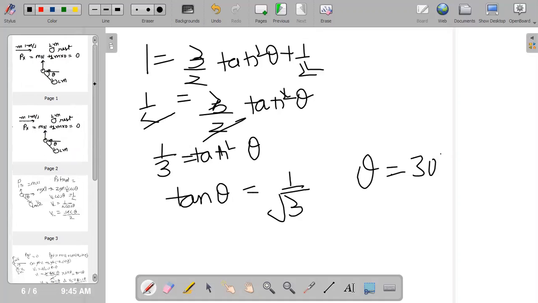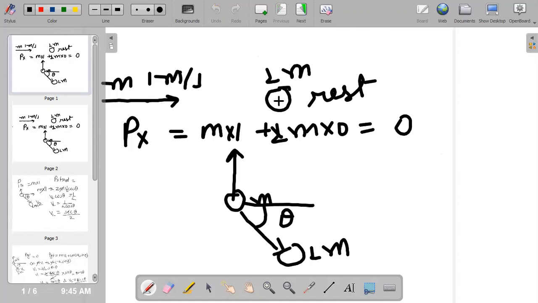I hope you have understood this. How we have started, let's quickly recap this. We have two masses, m and 2m. Initially m is moving with the velocity 1 meter per second and 2m is at rest. After collision, the smaller mass is moving at 90 degrees and the bigger mass is moving making an angle theta. We have to calculate that theta.